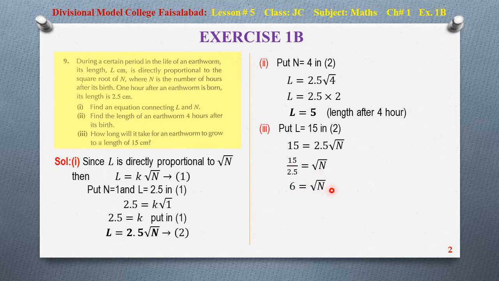Because we need to find the value of n and here is square root of n, to remove this square root we will take the square of both the sides. So taking square of both the sides we get n on this side and the square of 6 will be equal to 36. So after 36 hours the length of the earthworm will be 15 centimeters. So this is question number 9.